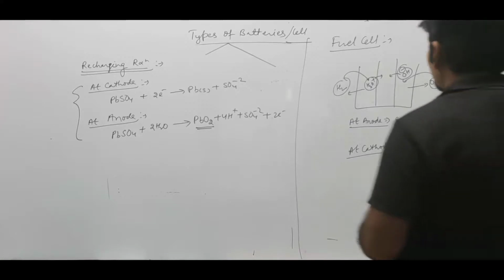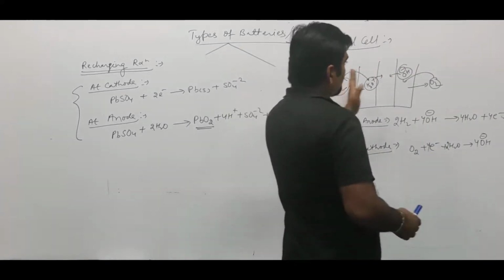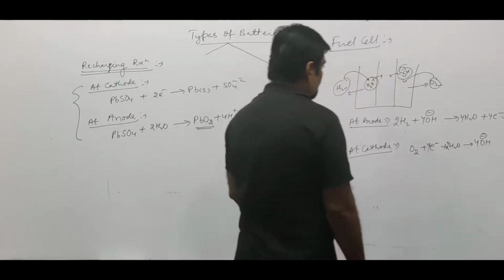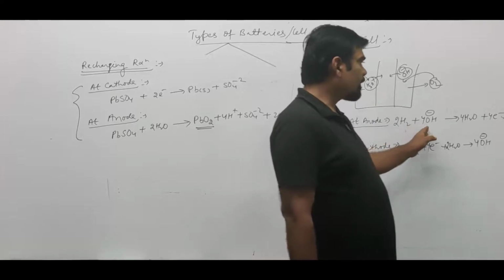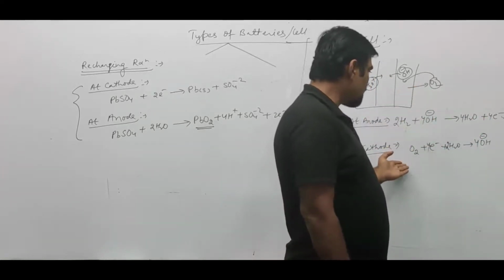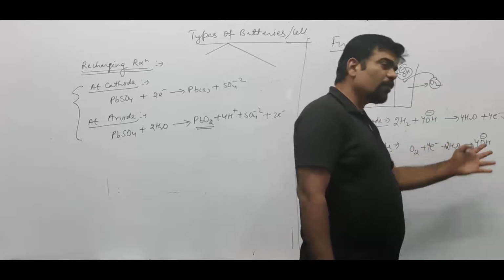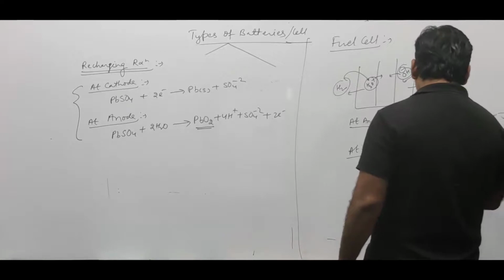In the fuel cell, we are taking three compartments. At the left compartment there is oxidation, at the right compartment there is reduction. Oxidation of hydrogen takes place in alkaline solution, becoming H2O and 4 electrons. Reduction of oxygen takes place in alkaline solution, becoming OH minus. So this OH minus is regenerated and can be reused.